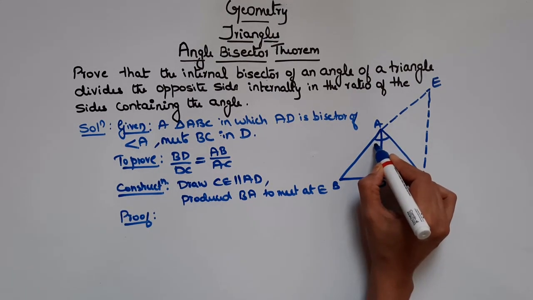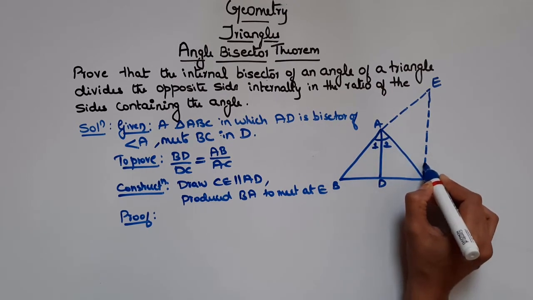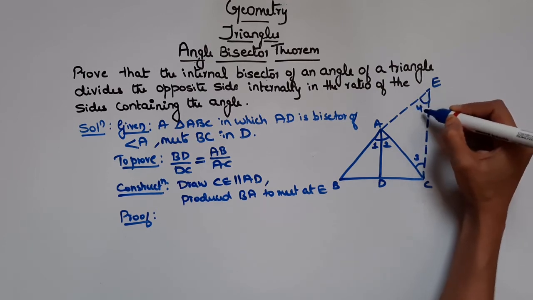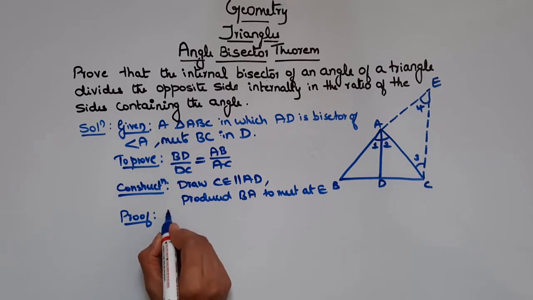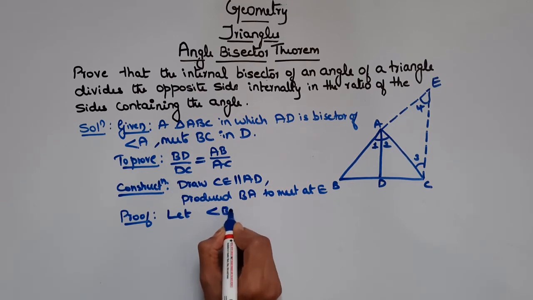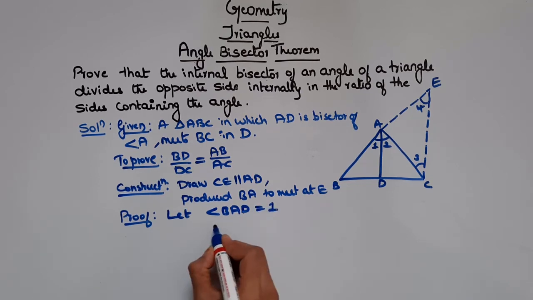Right? So now let's see the proof. First let's take this angle as 1, this angle as 2, this angle as 3, and this angle as 4. Alright? So let's write that. Let angle BAD is equal to 1, okay?